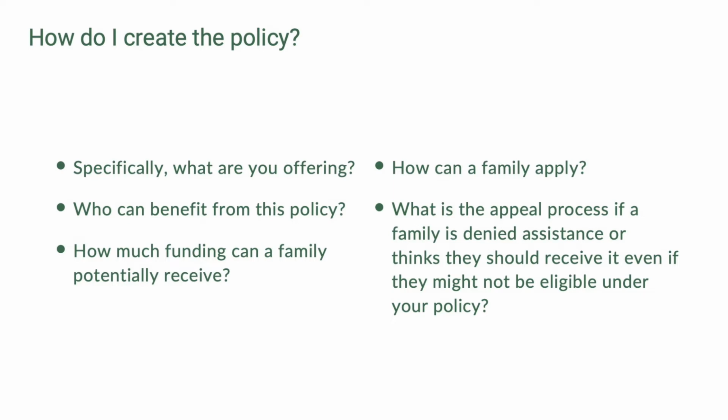You can also require that the parents show verification that they are working in order to receive tuition assistance. Again, this isn't necessary, but some childcare businesses prefer to see that the family needs childcare to continue to participate in the Texas economy. You don't just have to choose one of these options and be done.